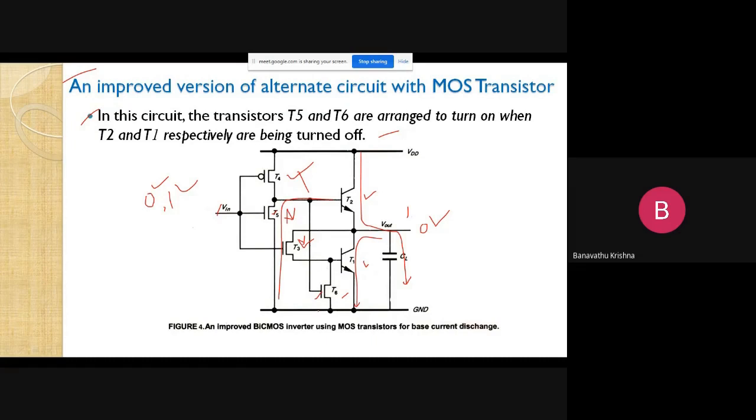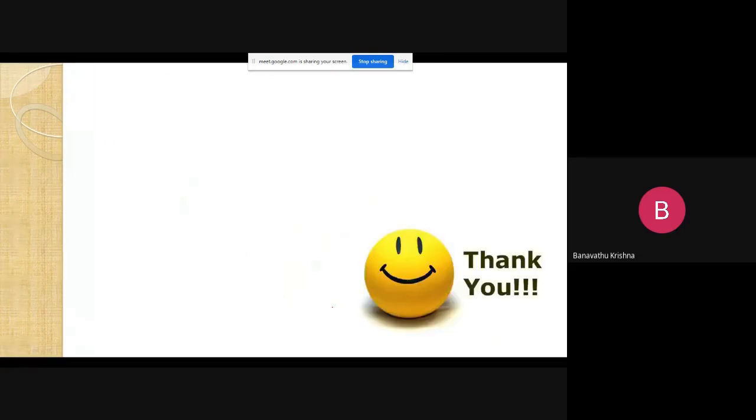So only then is this action improved, decreasing the base current of transistors T1 and T2. Okay, this is the final improved version of the alternate circuit for the BiCMOS inverter. Okay, thank you.